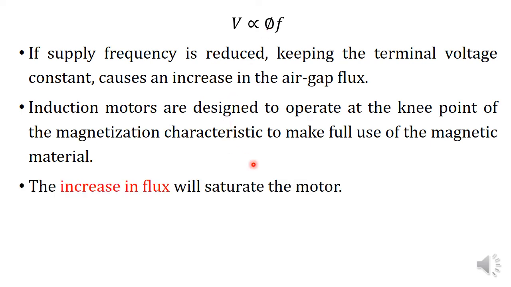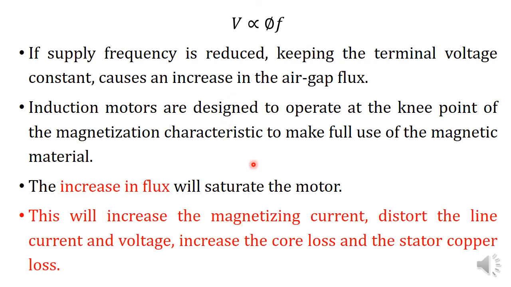If the machine saturates, then this will increase the magnetizing current, distort the line current and voltage, and increase the core loss and stator copper loss. So these are not at all desirable things. So we have to avoid this situation.